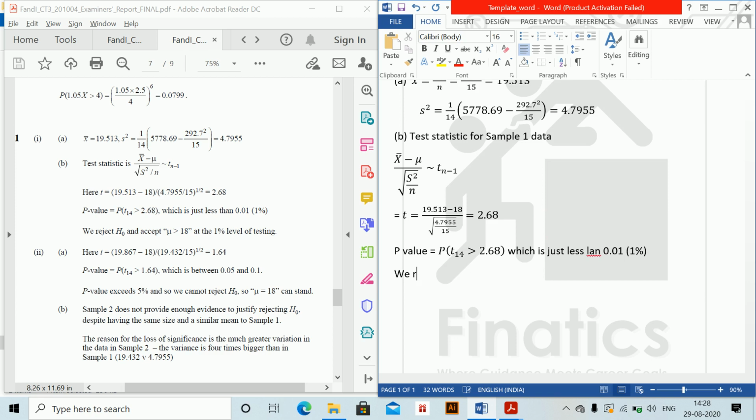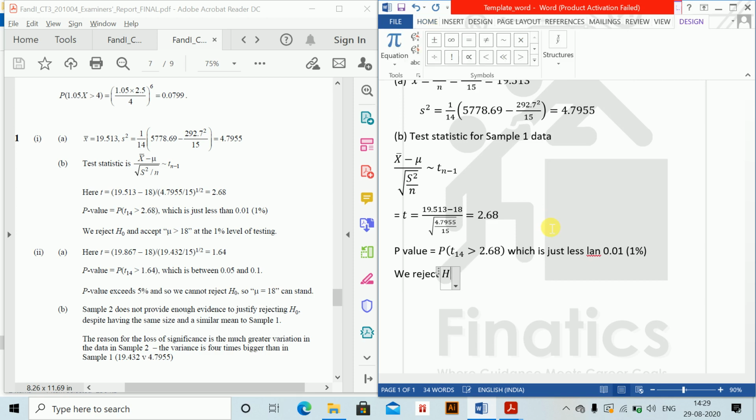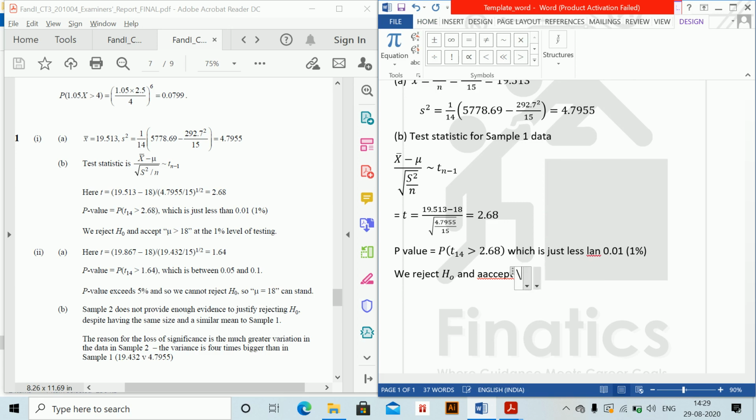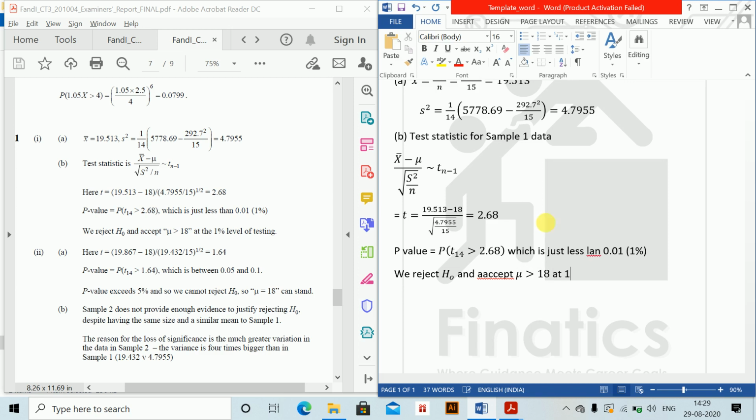Hence we reject H0 and accept that mu is greater than 18 at the 1% level of testing.